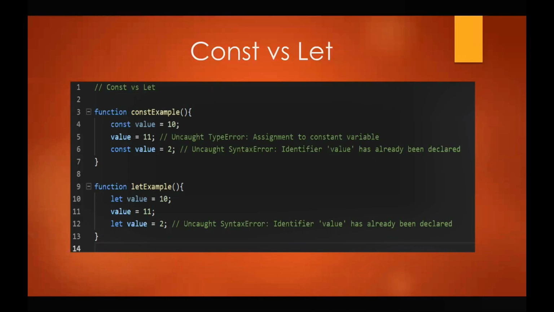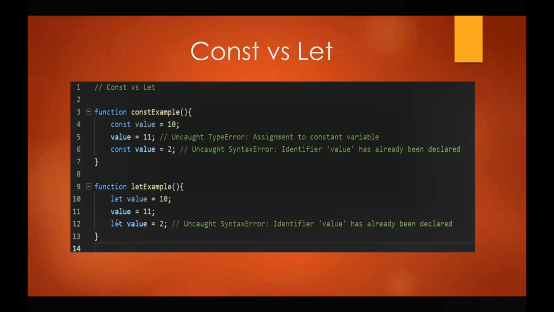Now we'll go for the let example. In the let example, let value equal to 10. Now in line number 11, we are trying to reassign the value from 10 to 11. It doesn't throw any error and it allows us to reassign the value.